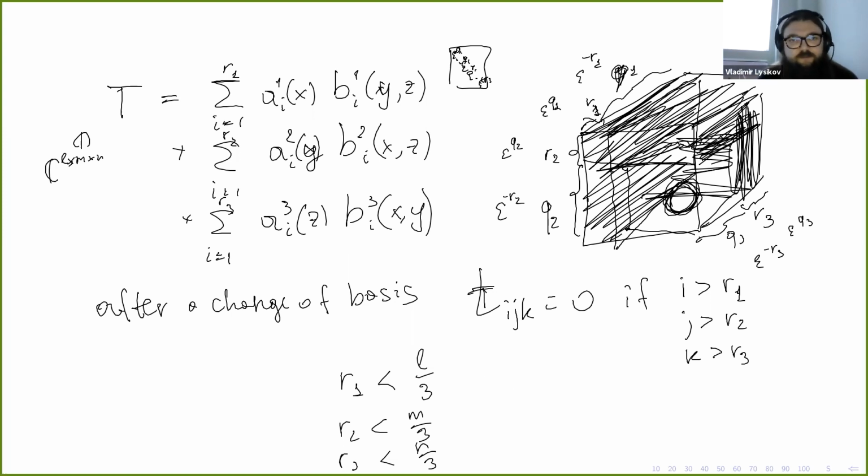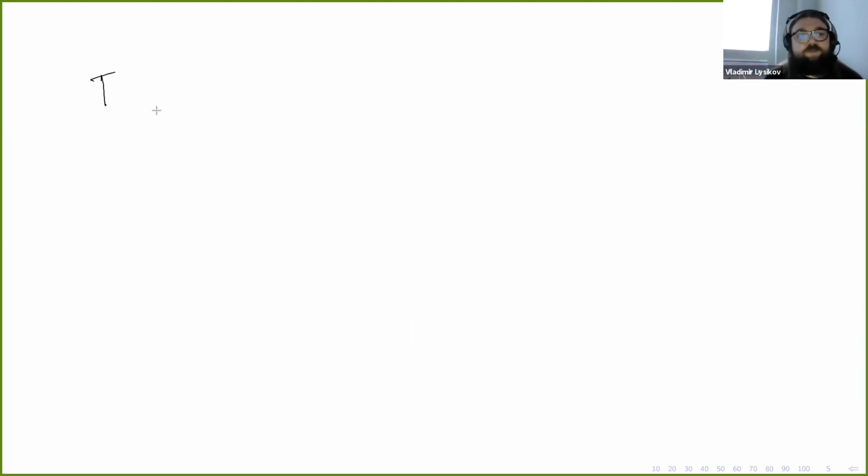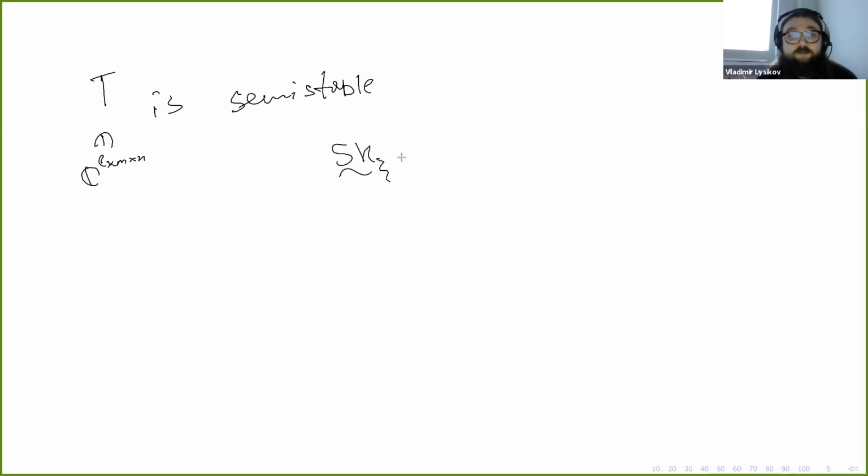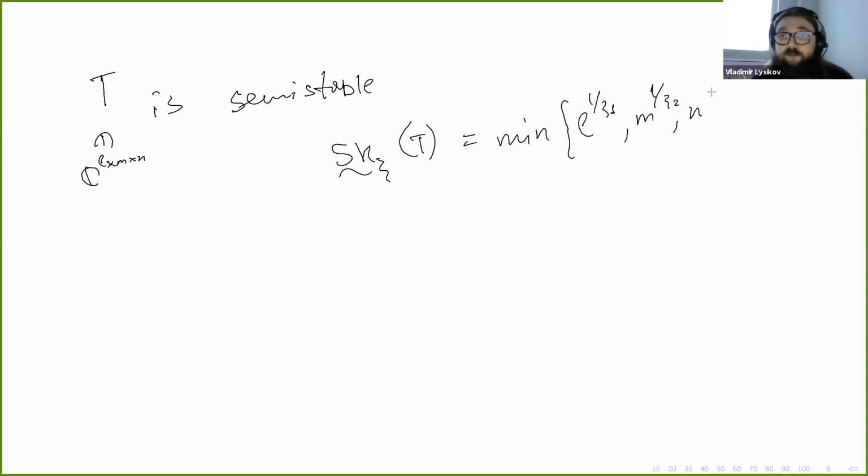So in numbers, if T is semi-stable and it lies in C^L times M times N, then the slice rank of T actually has the maximal possible value, which is the minimum of L over xi1, M over xi2, and N over xi3.